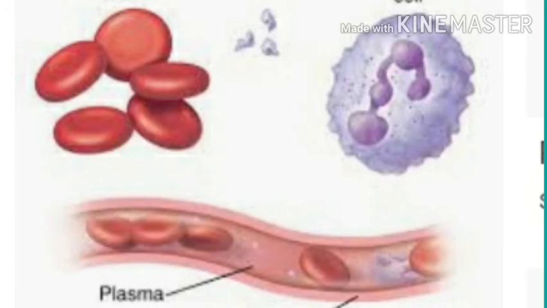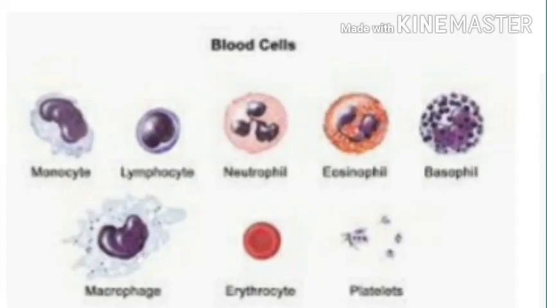On the basis of cytoplasmic granules, the leukocytes are divided into two categories: granulocytes, which have irregular shaped nuclei and cytoplasmic granules with specific staining properties. They include neutrophils, basophils, and eosinophils. Agranulocytes have no cytoplasmic granules and include monocytes and lymphocytes.